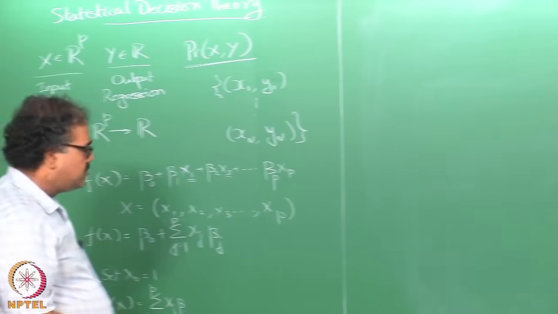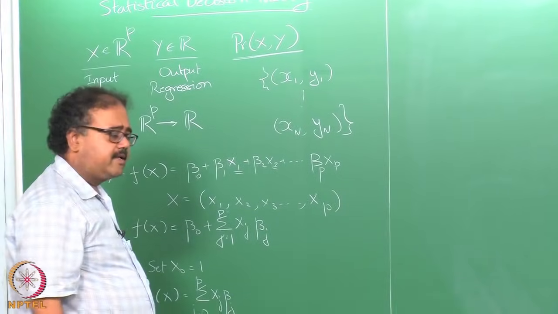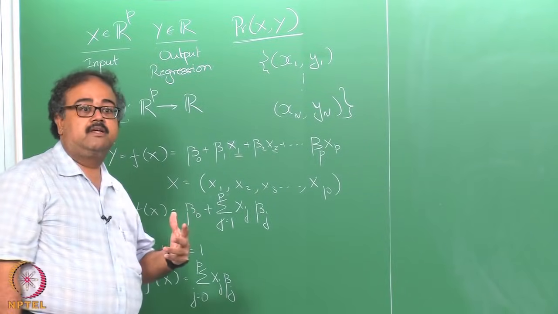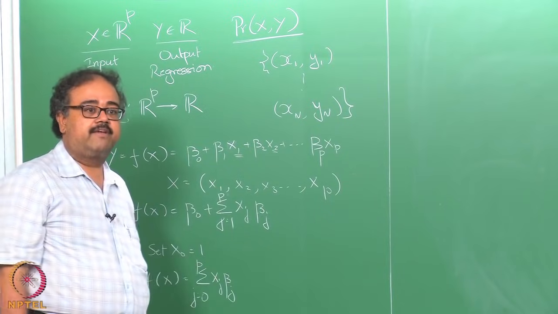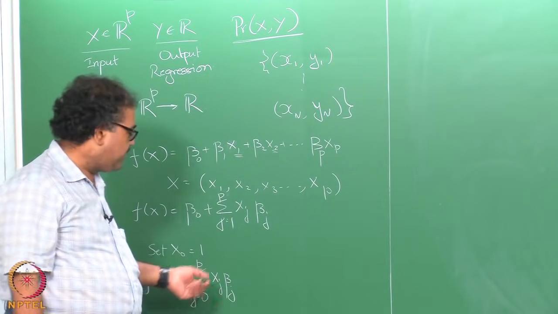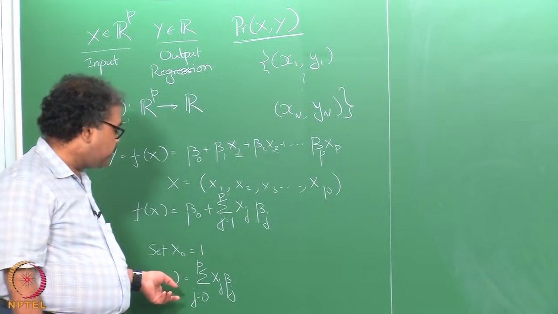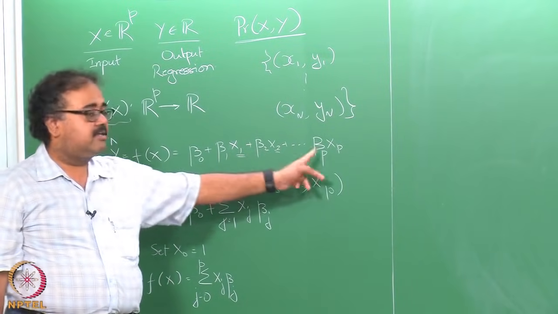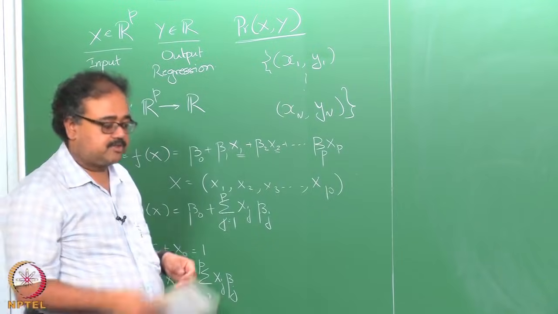So, moving on, let us look at the linear regression case, where we actually made a significant assumption about the form of the function f. Specifically, we assume that f is going to be linear in the input parameters. So, f can be written as beta 1 x 1 plus beta 2 x 2 and so on and so forth.